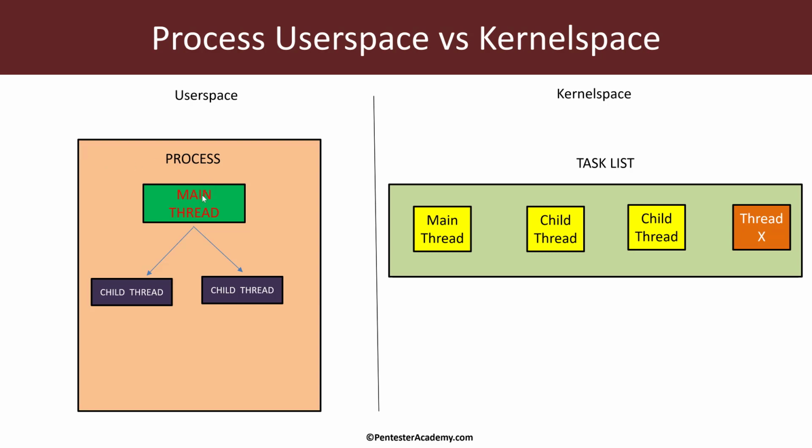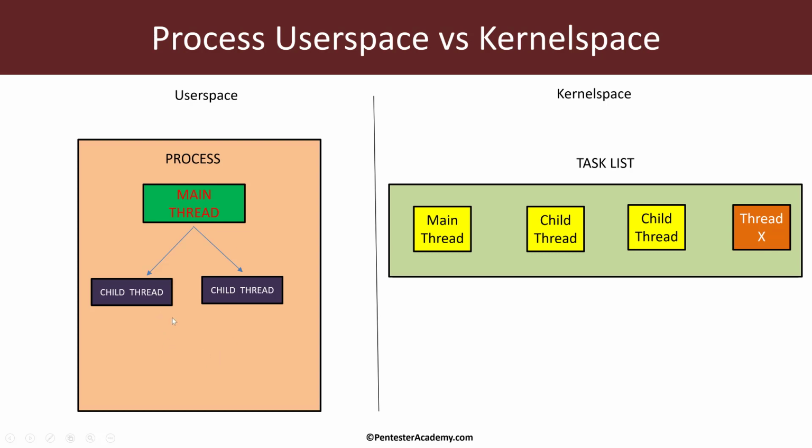Now the main thread, so in C when we define the main function, the very first thread which runs inside the process is the main thread. Now depending on what the process does, it may during its lifetime spawn other child threads, which in turn of course can also spawn further threads. So this is what a process looks like in user space, right?